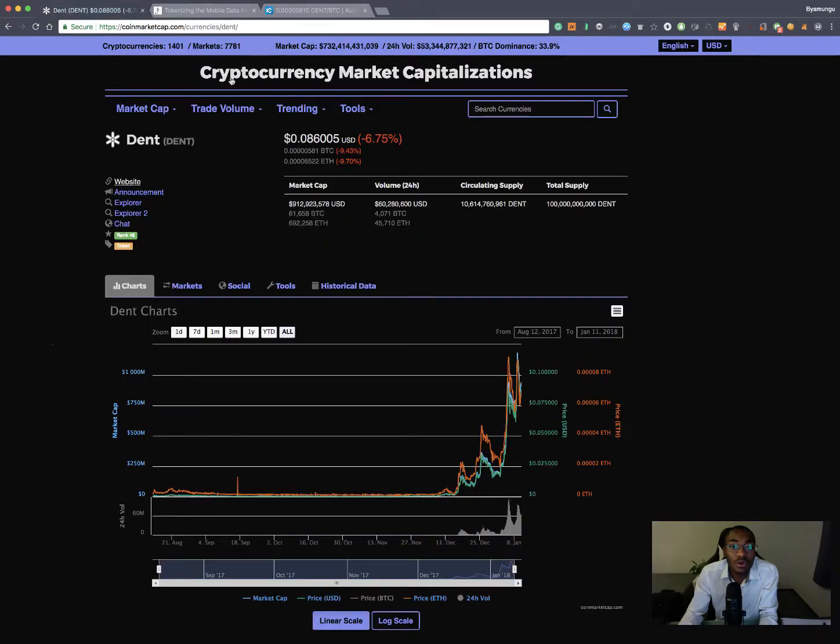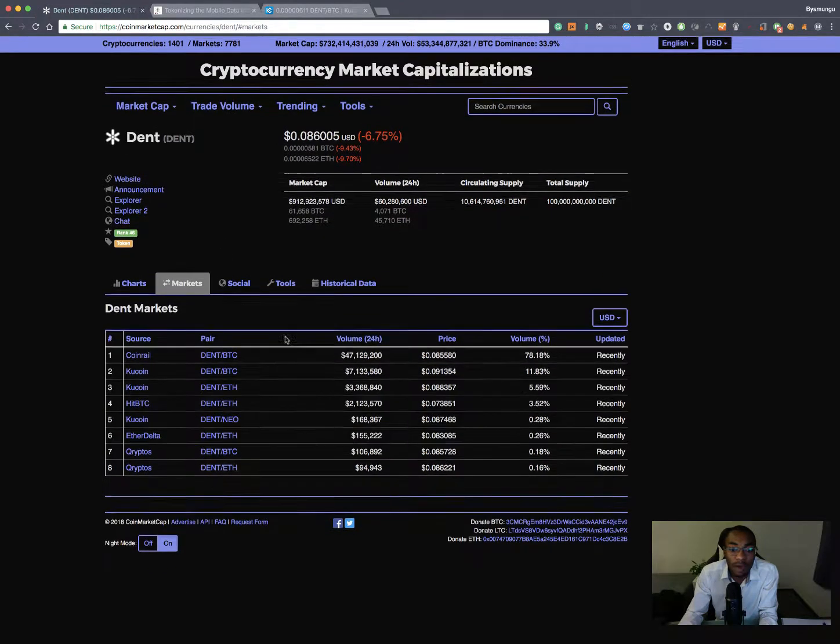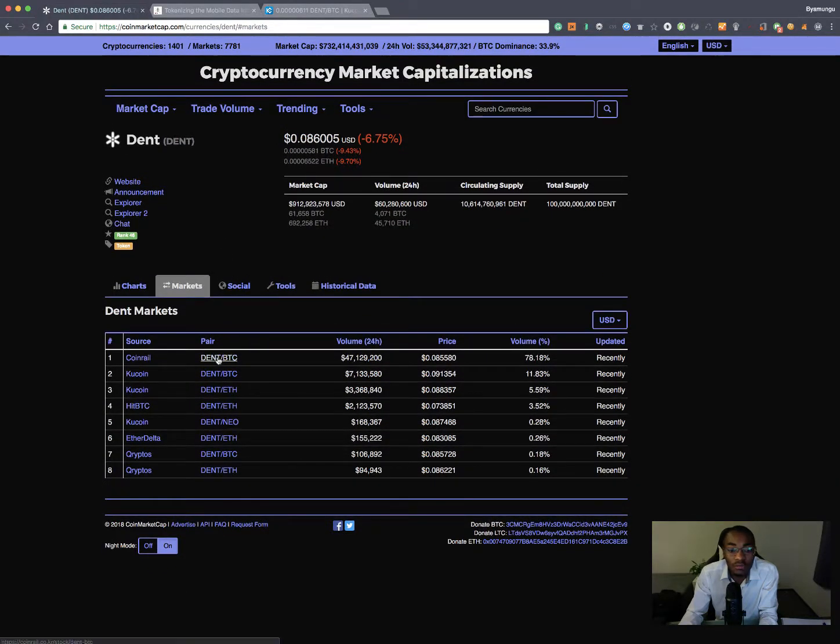What you can do is go over to CoinMarketCap and see if you can find the cryptocurrency there. From here you can see how much the total supply is, the circulation, and how much is trading, and see where you can probably buy the same cryptocurrency on other exchanges very cheap.